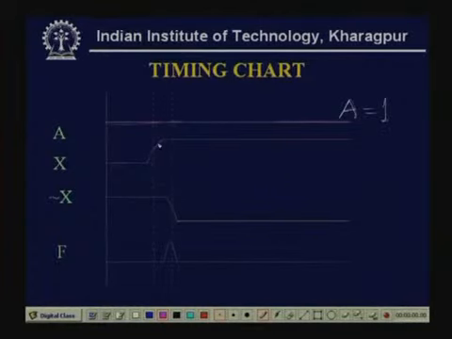So, it is switching X equal to 0 to 1. Now, what about the X complement? Initially the X complement will be 1, and in the ideal situation it should become 0 here, but it should take some time for the inverter delay. So, it will take this time.